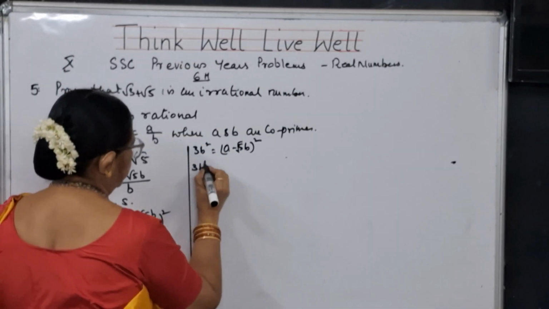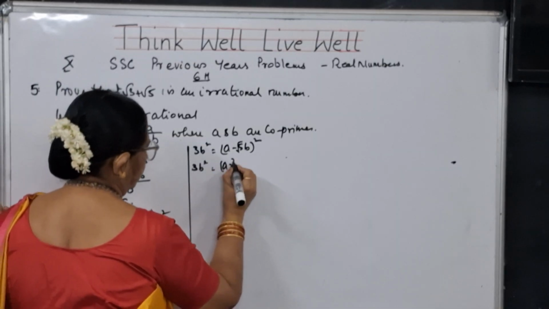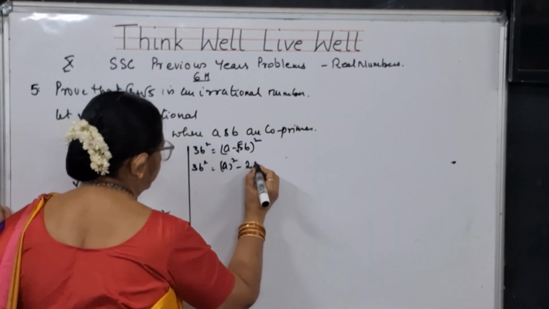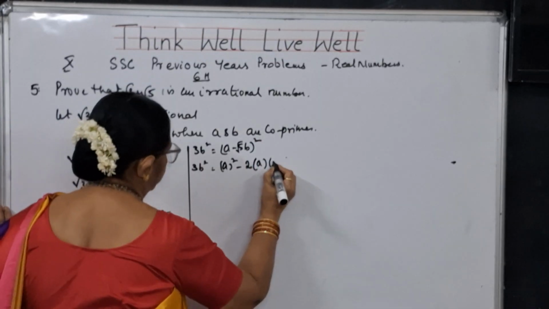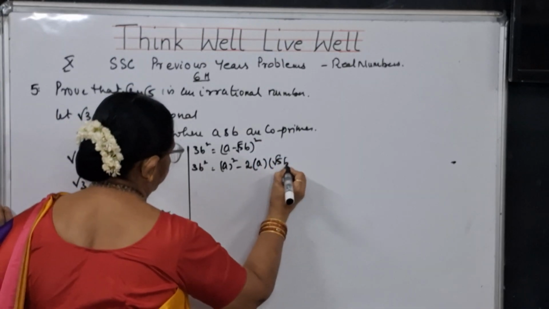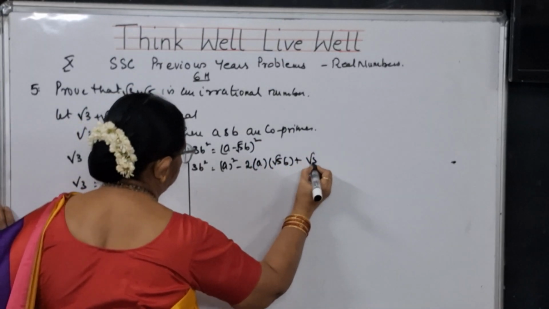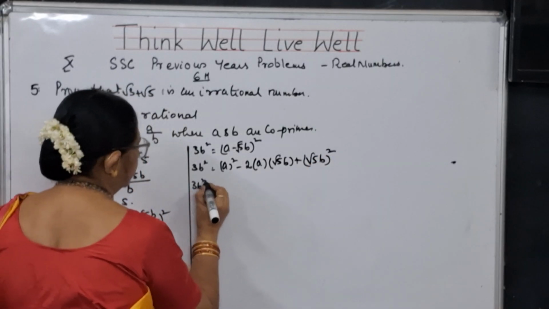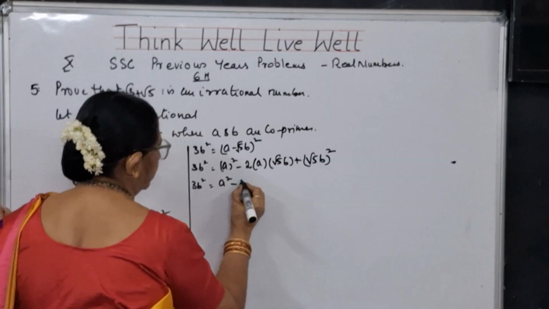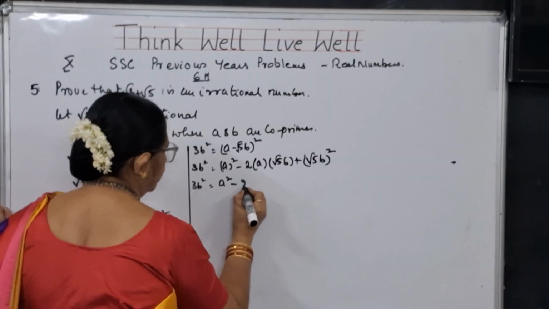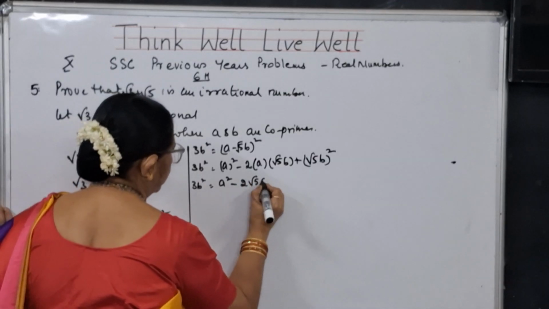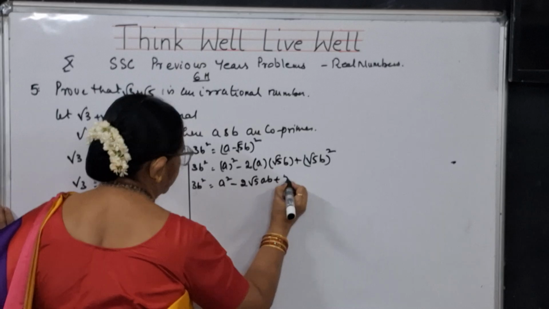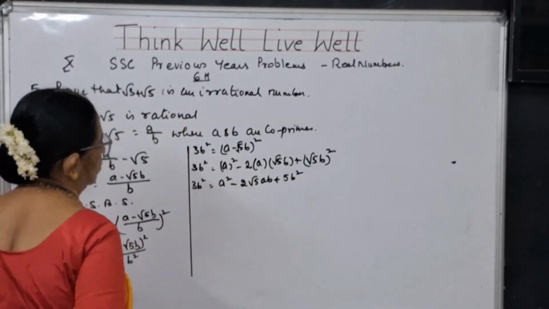That is 3b square is equal to a square minus 2 into a into b root 5 plus b root 5 whole square. That is 3b square is equal to a square minus 2 root 5 ab plus 5b square.